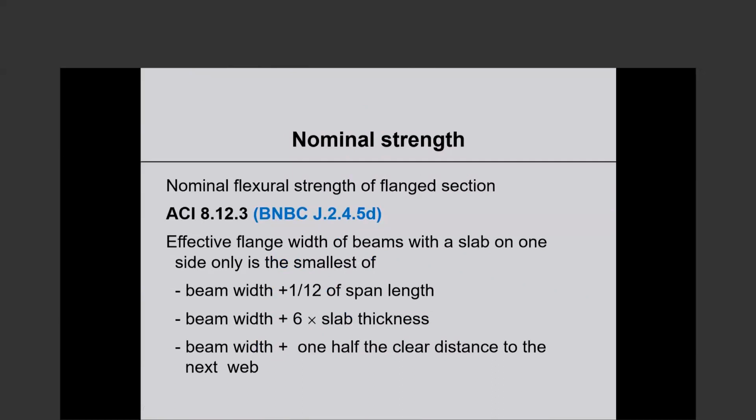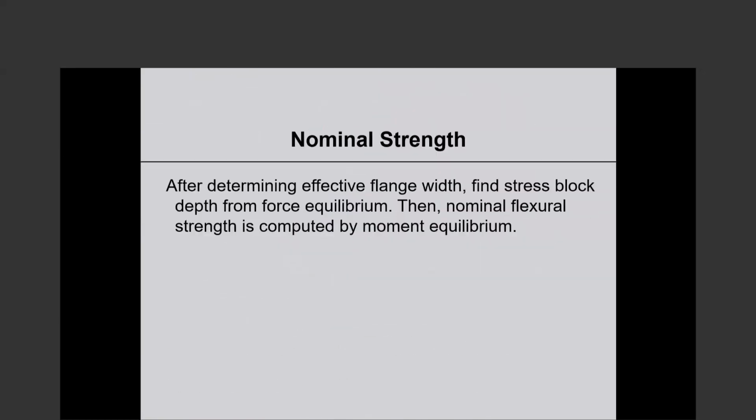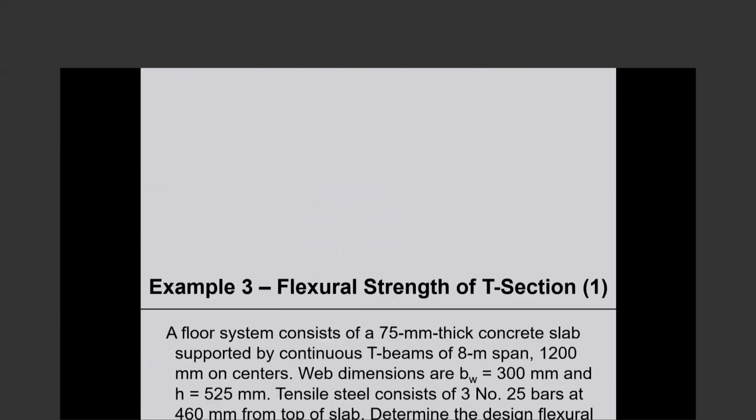And then beam width plus 1/2 the clear distance to the next web. This is no different from when you have flange on two sides. After determining effective flange width, find stress block depth from force equilibrium, then nominal flexural strength is computed by moment equilibrium. That part is no different.